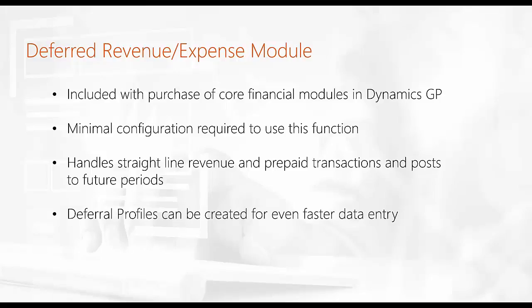The primary use for the Deferred Revenue Expense function is simply to record predominantly straight-line transactions into future periods without having to do multiple journaling off ledger. It posts everything basically in one lot. So again, managing it off ledger in Excel is no longer required because your future periods are already handled.